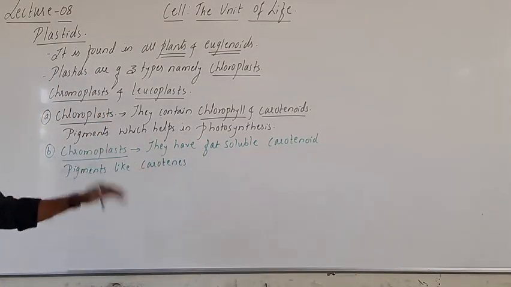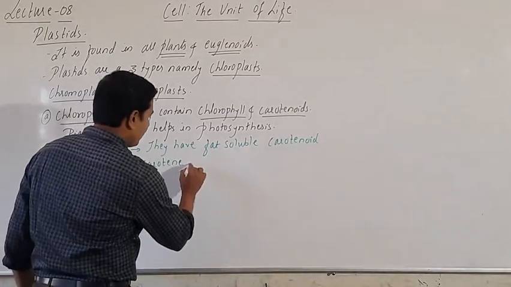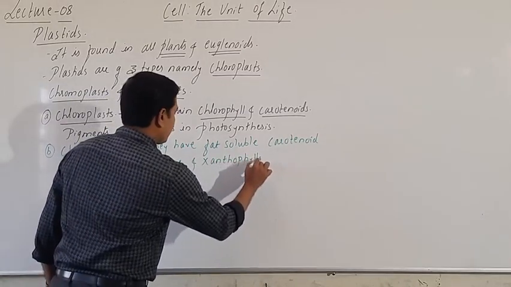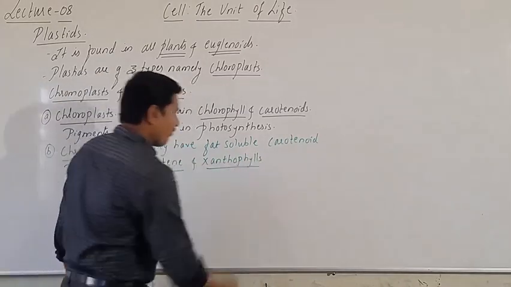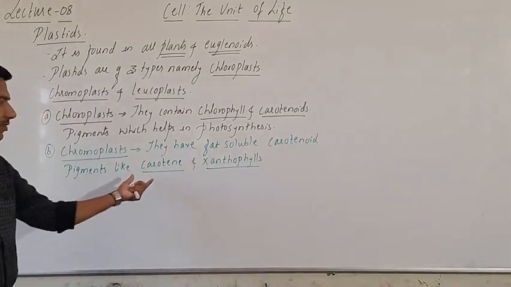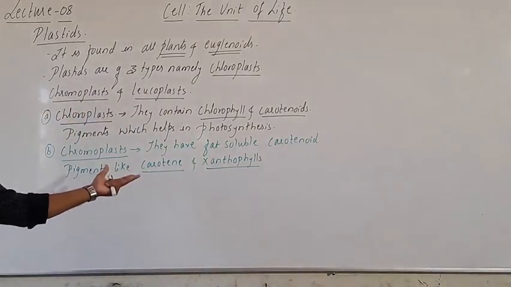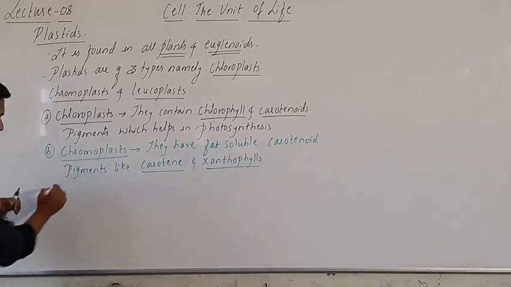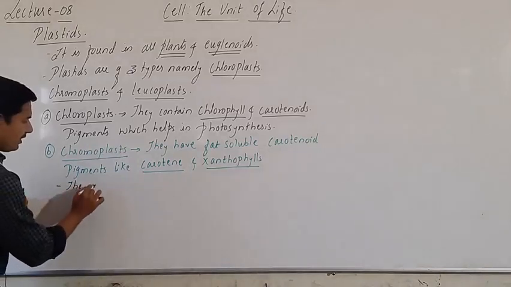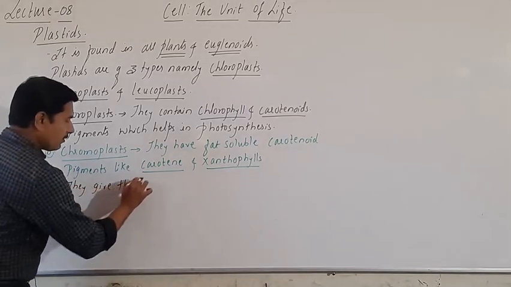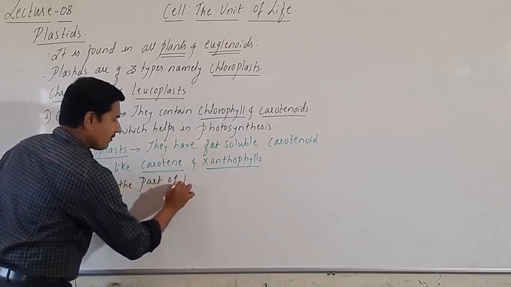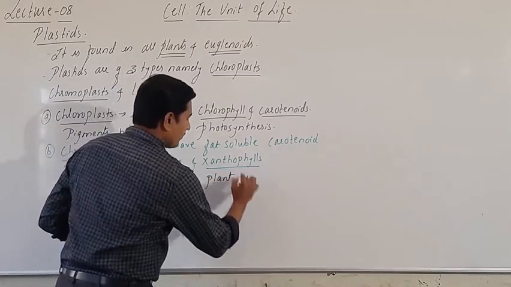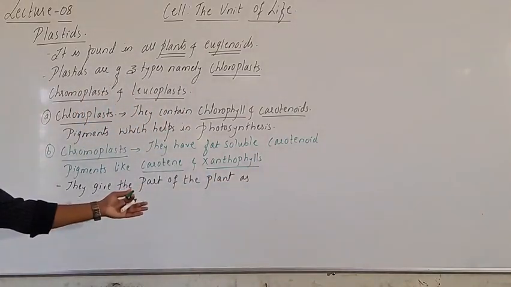So carotene is present, and xanthophyll. Because of that they give the color. They give color to the parts of the plant, so different colors are exhibited by this.